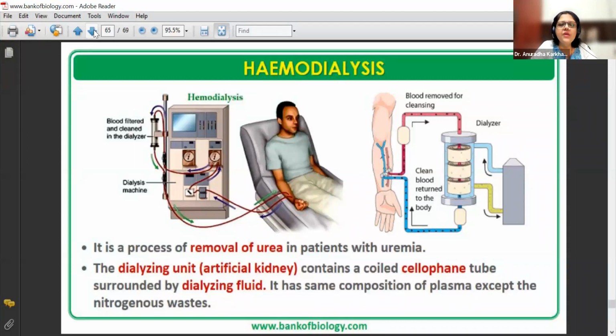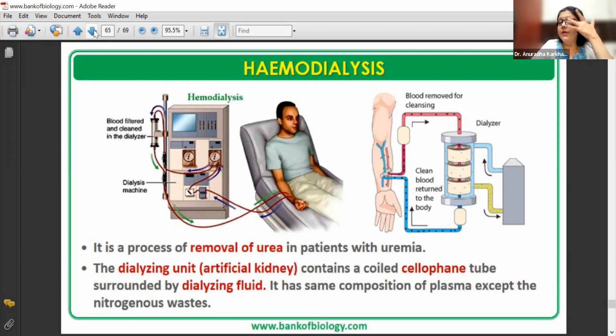It is a porous tube with porosity almost similar to the porosity of our podocytes' foot extensions. The slits through which actual filtration happens have almost the same porosity as the cellophane membrane. It has the same composition as plasma except the nitrogenous waste.